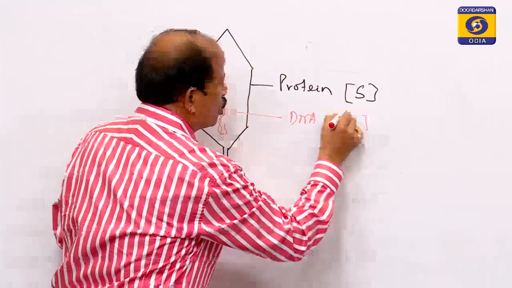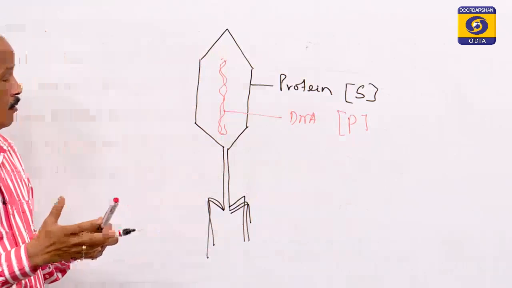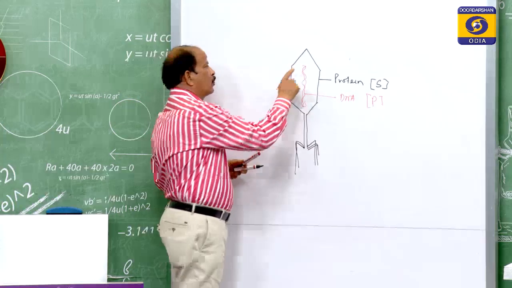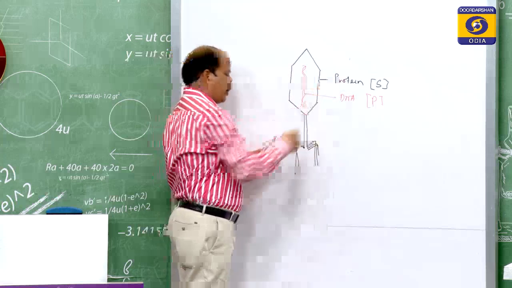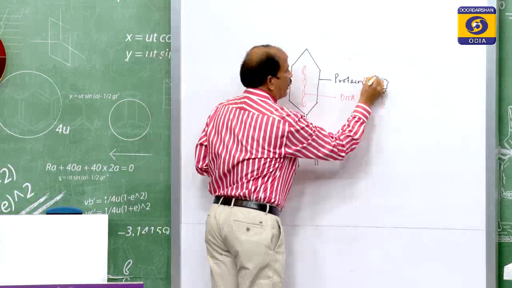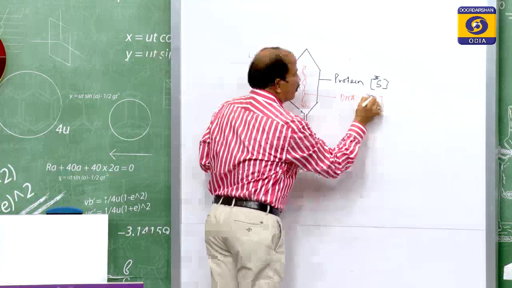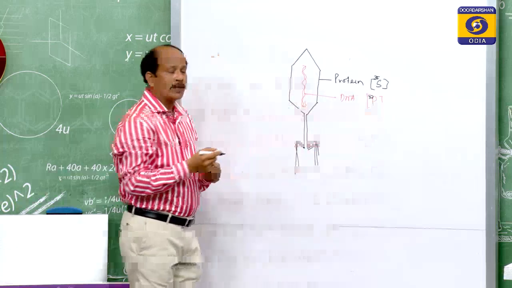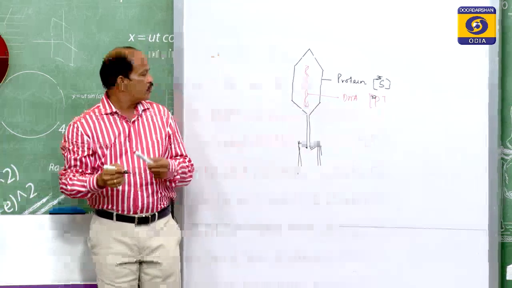So, their logic was to label the two kinds of macromolecules. Protein was labeled with S35, that is radioactive sulfur, and phosphorus was made radioactive by P32. So, DNA was labeled by P32 and protein was labeled by S35.